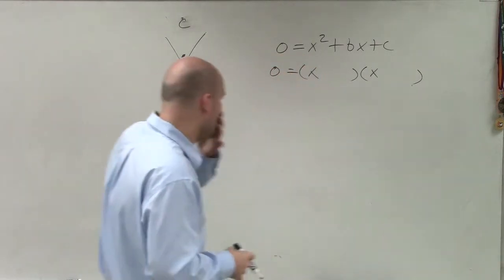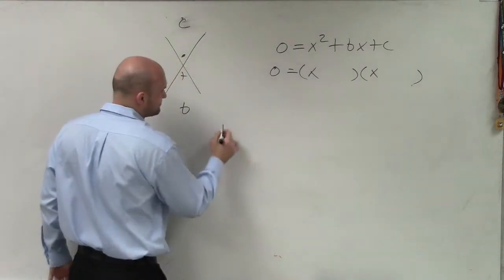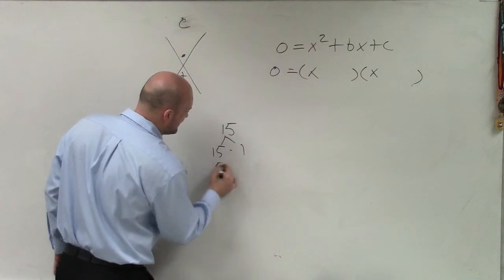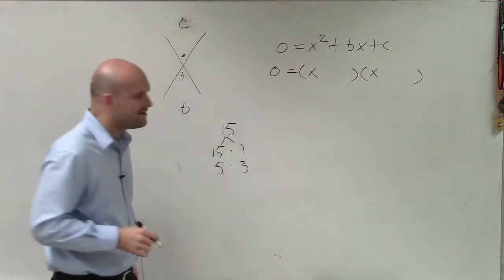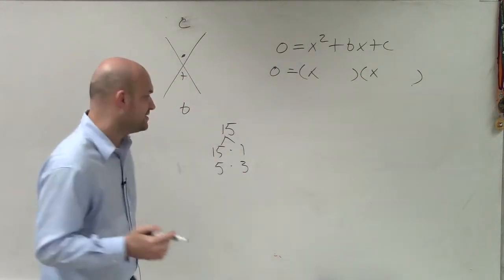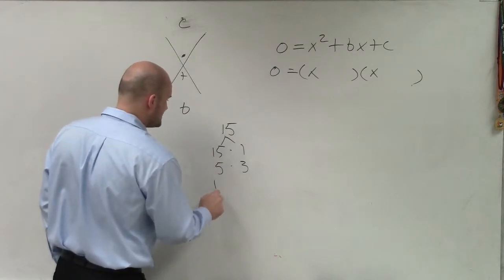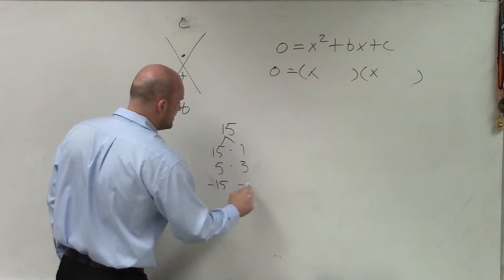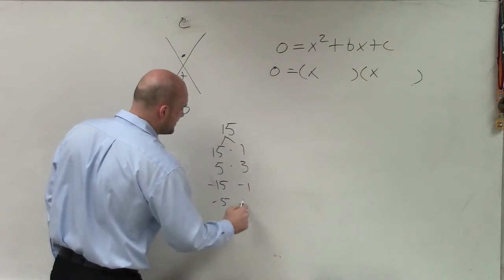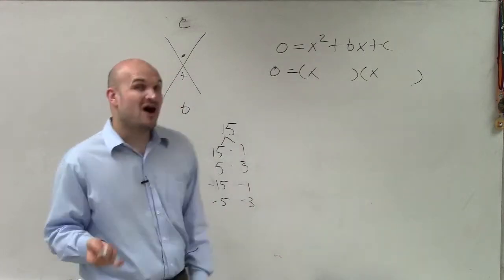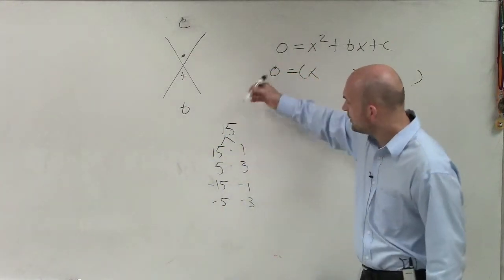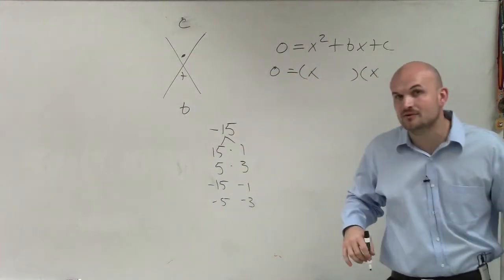Because remember, when we're factoring, for instance, factoring 15, it's very easy for us to say, oh, 15 and 1 or 5 and 3. But we also need to remember that it also contains the negative values: negative 15, negative 1, negative 5, and negative 3. And what's even more important is, what if my middle term is negative, right?